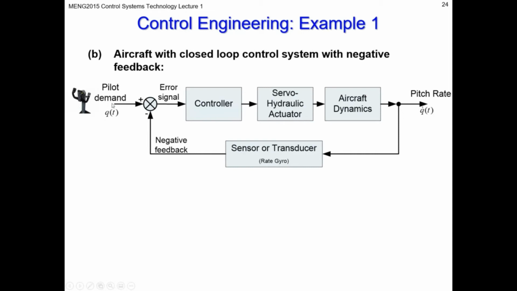So now when the pilot applies his demand, the difference between the current pitch measured from the pitch rate and the demanded pitch is going to create this error signal, and the controller will start to automatically adjust the aircraft dynamics to match the pilot demand. The controller is set up so that it tries to minimize the error.